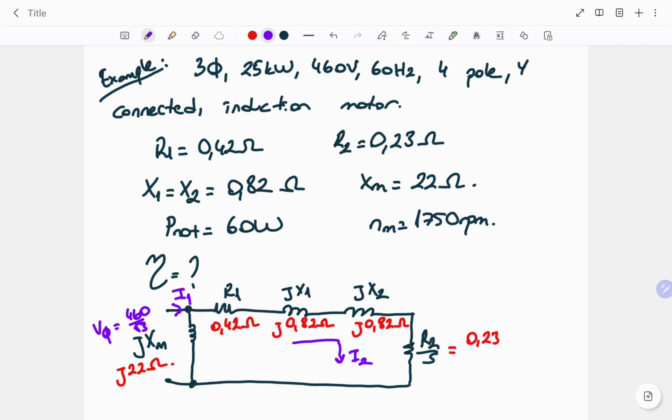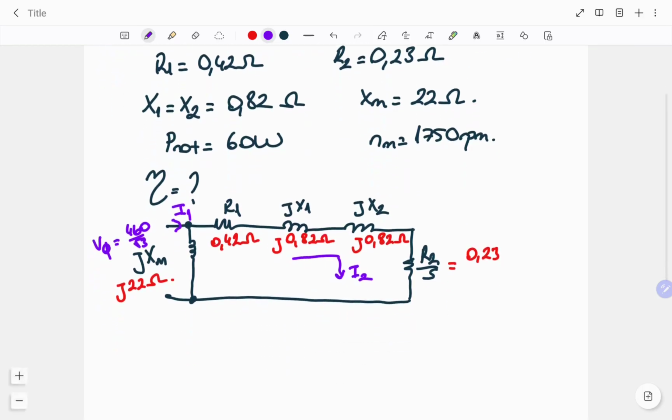Okay, the last parameter for the circuit before the current calculation should be the R2 over S determination. So let's start with the Ns.